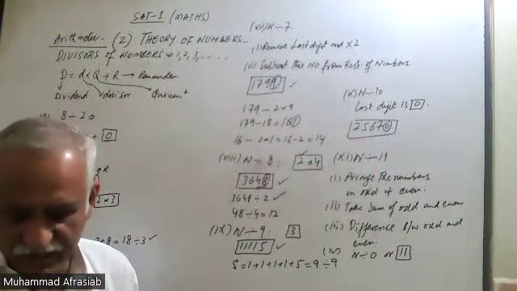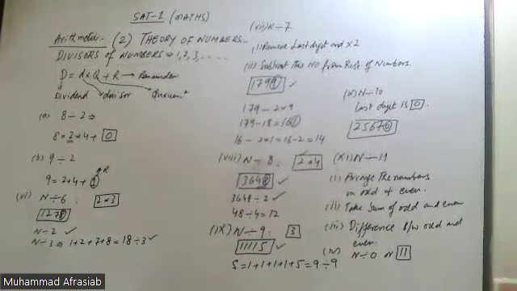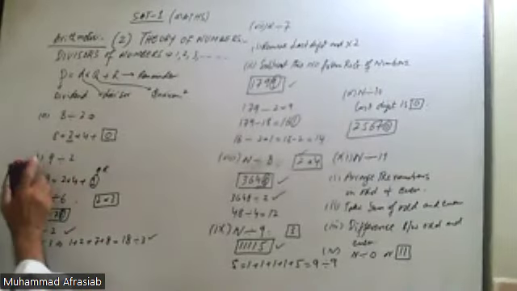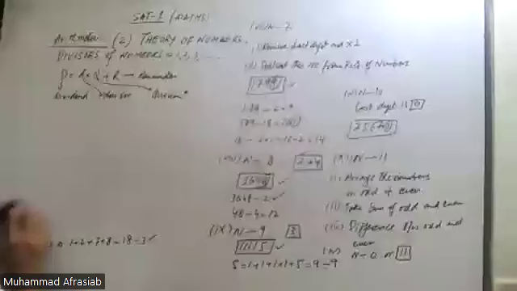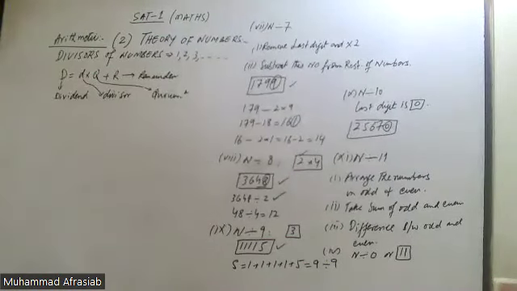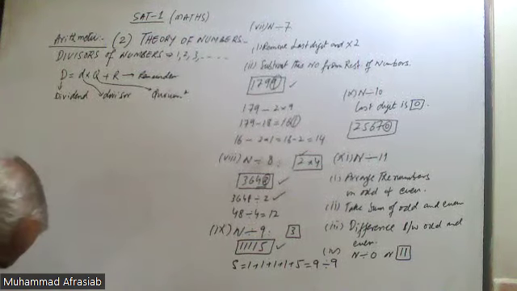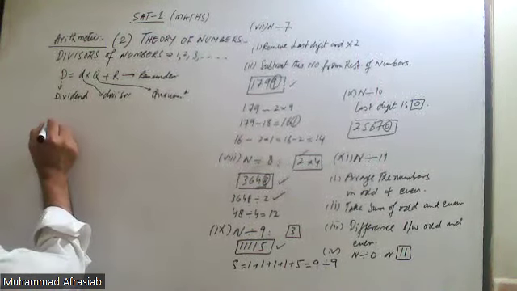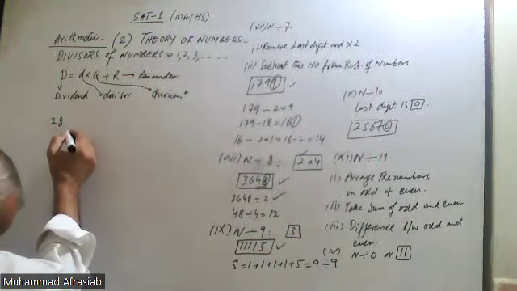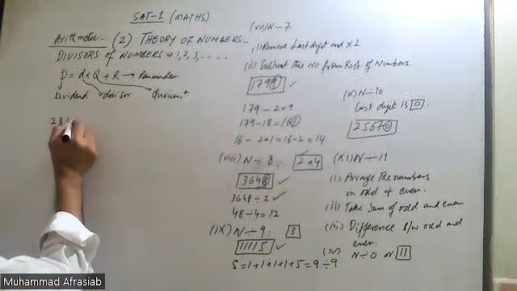Now we take an example of this case. 28457. 2, 8, 4, 5, 7.